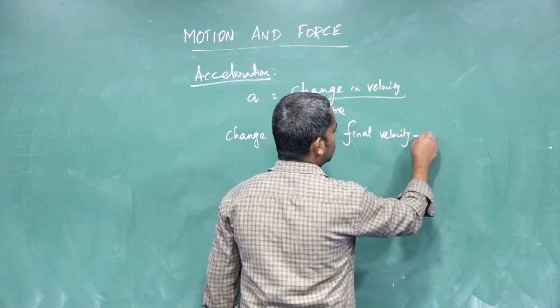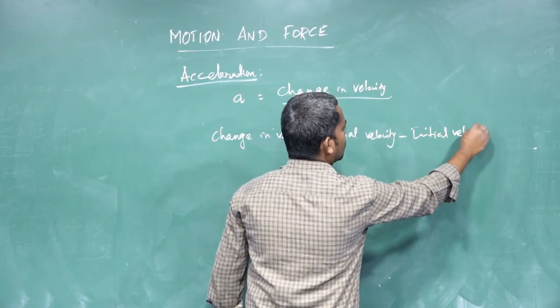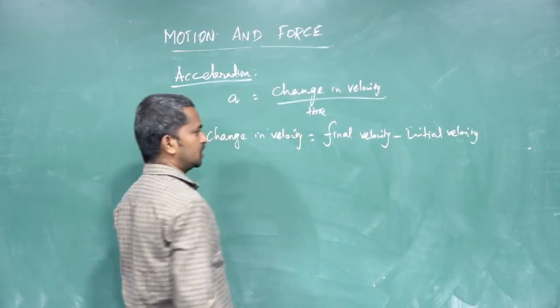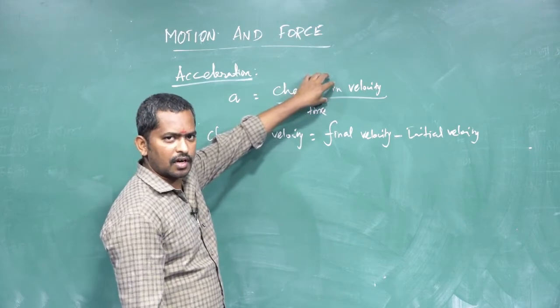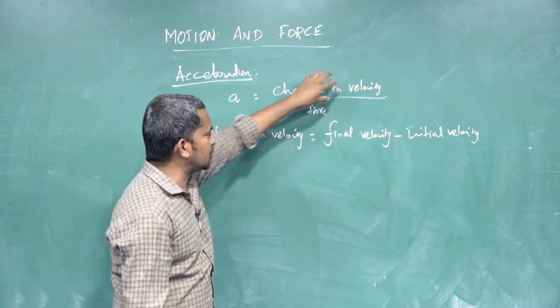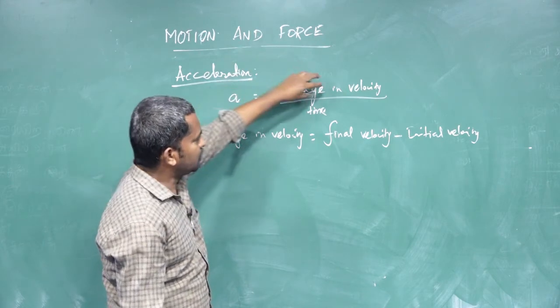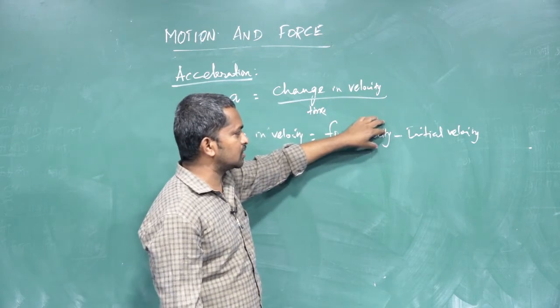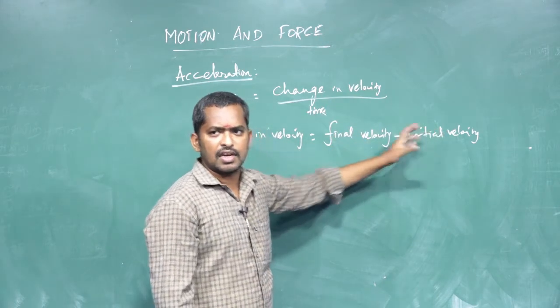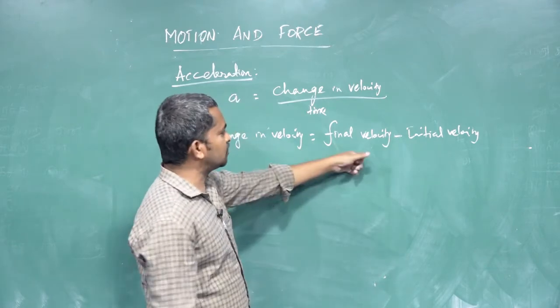Change in velocity is equal to final velocity minus initial velocity. The difference between final and initial velocity is called change in velocity.